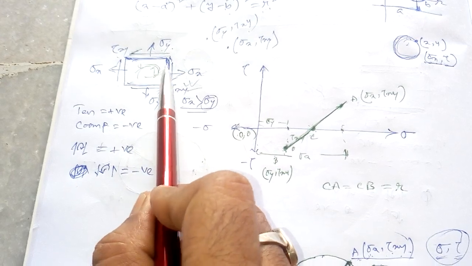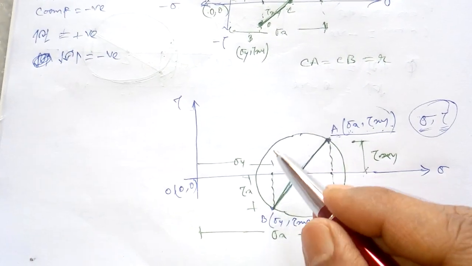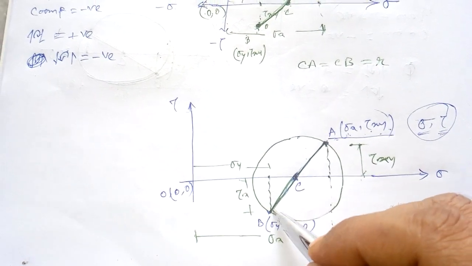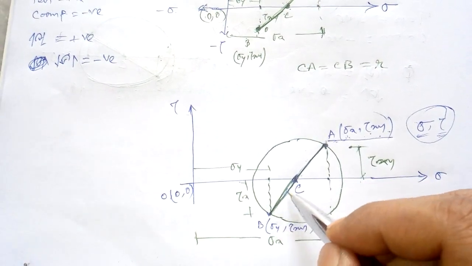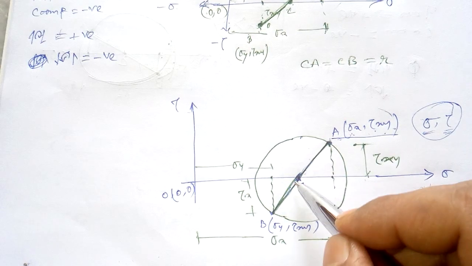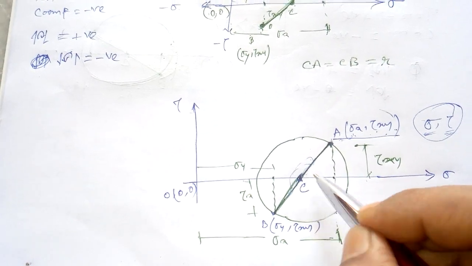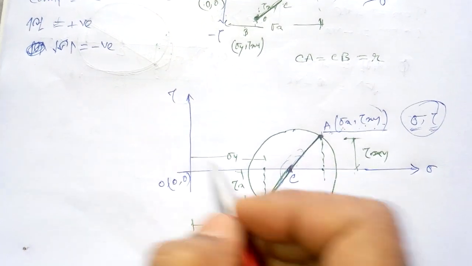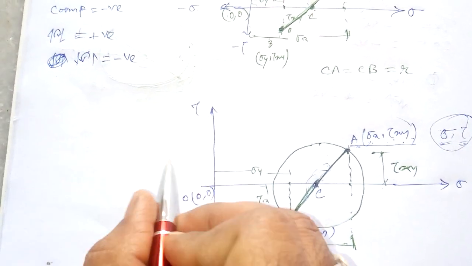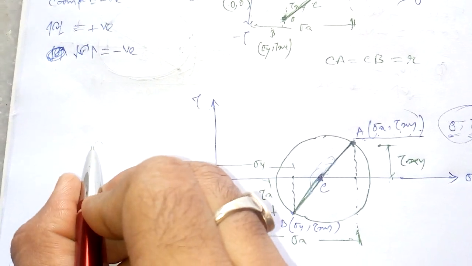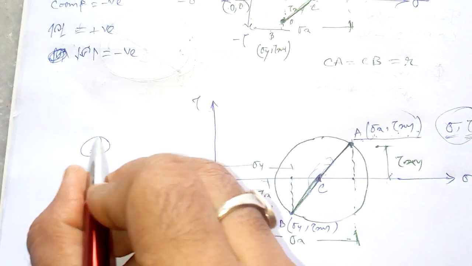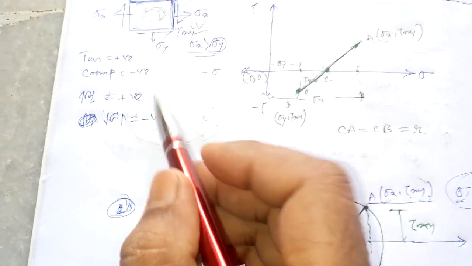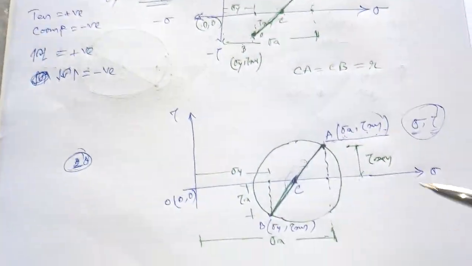That is 90 degrees. But in this Mohr circle, you can see the mutual angle between those two planes is 180 degrees, not 90 degrees. That means in Mohr circle, the mutual angle between any two points will be twice theta, that means twice the actual angle, right?